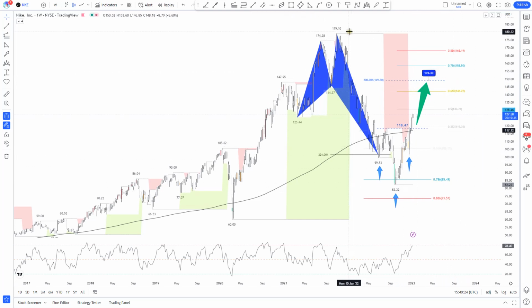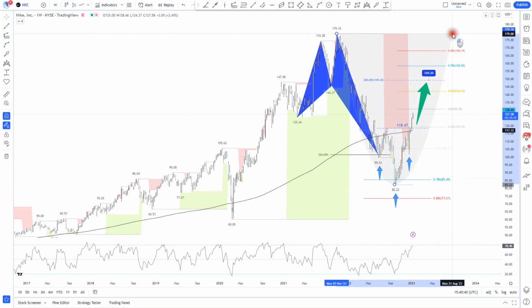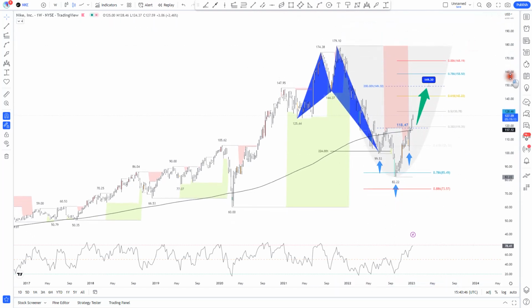Of course, there is also the possibility, depending on how much time the price will need to retest the previous structure highs, that we will pay attention to the formation of a potential cup for Nike, or for the stock.